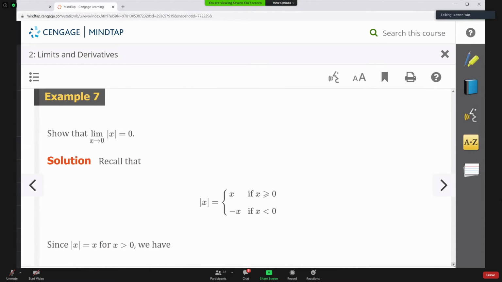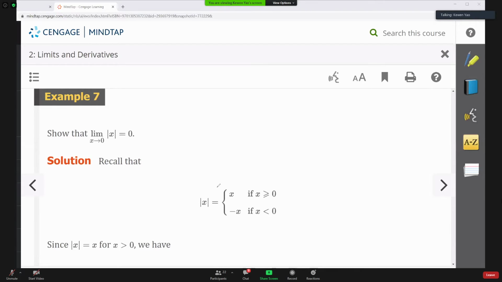Now show this: the limit of absolute value x as x goes to 0 equals 0. How can we show this? You got to learn how to show it.